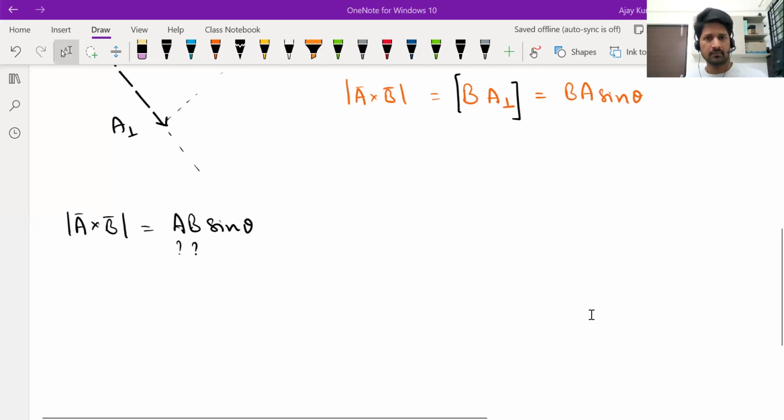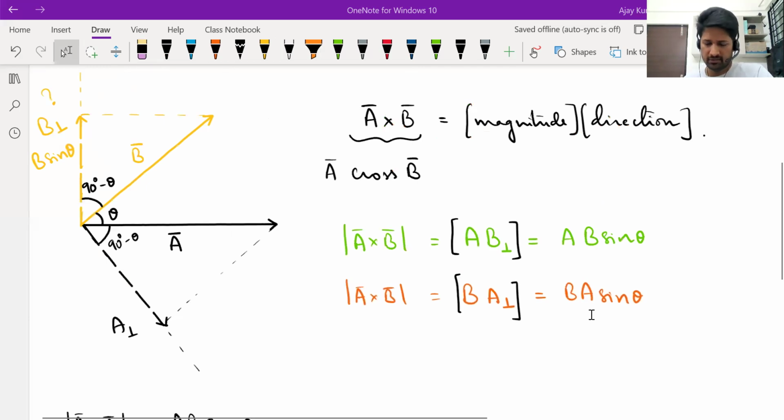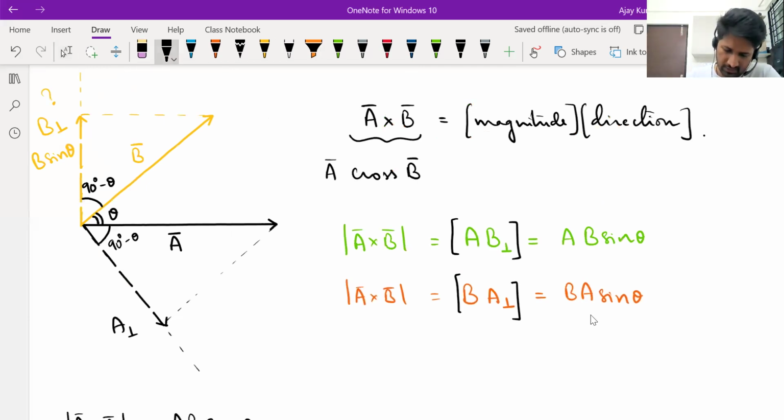The magnitude of vector A. Now, the magnitude of a vector can either be 0 or positive. It can never be negative. Similarly, B without a bar on it is the magnitude of vector B. That can also either be 0 or positive, never negative. And what is theta in this formula? The angle between the vectors A and B. That angle is what we call theta.